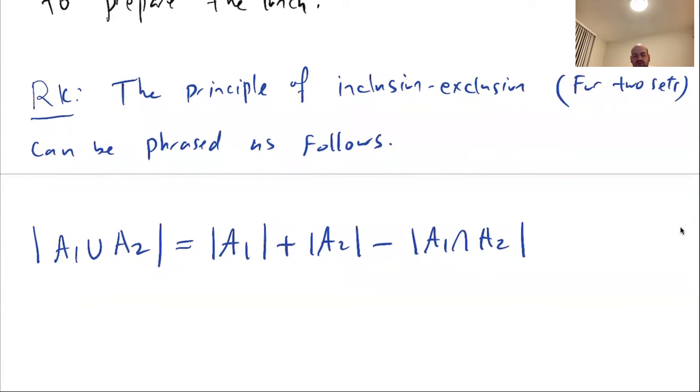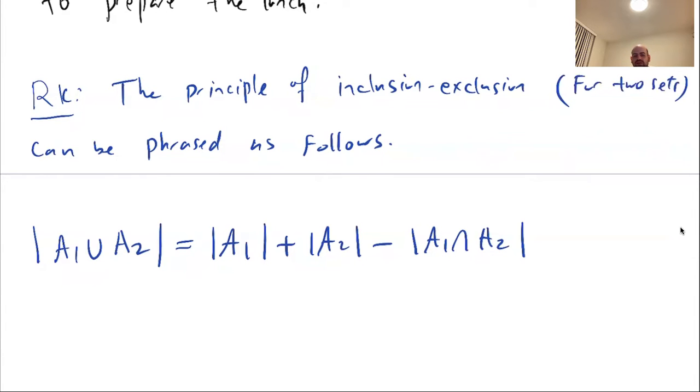Let's say you have two sets, A1 and A2, one of them with N1 elements, one of them with N2 elements. How many elements will we have in the union? Number of elements in A1 plus number of elements in A2.